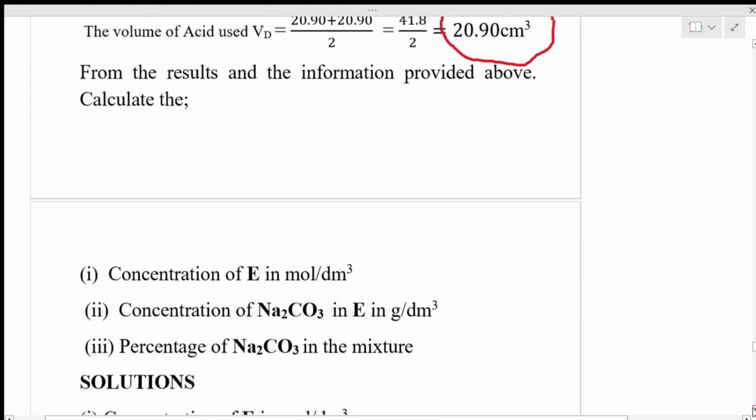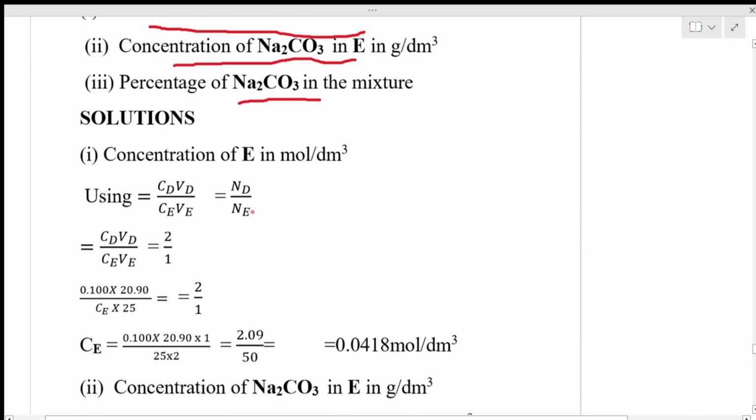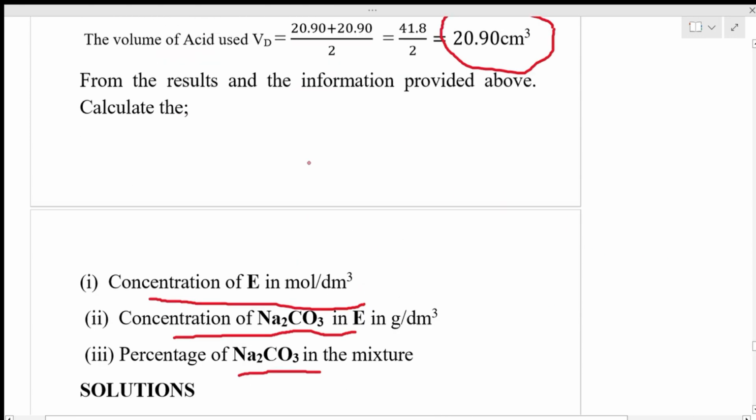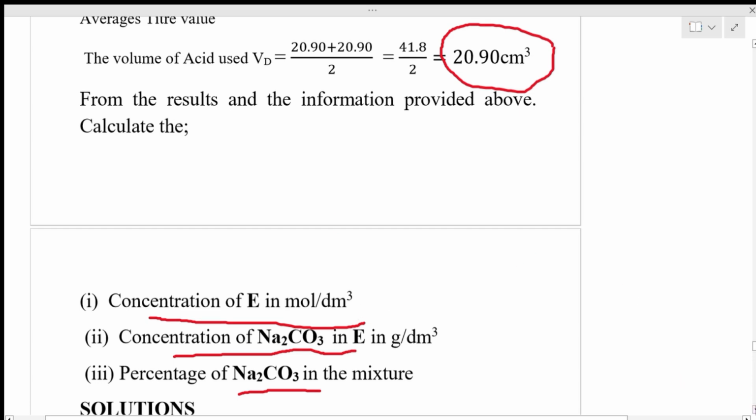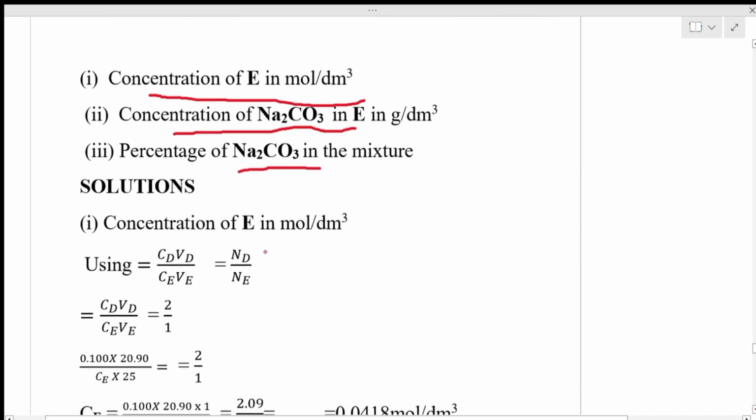So let's look at the question. Concentration of E in mole per DMQ, conc of Na2CO3 in gram per DMQ, percentage of Na2CO3 in the mixture. Remember, we mixed Na2CO3 plus Na2SO4. Okay, let's quickly calculate that. Since we have the D in mole per DMQ, we can use this formula.